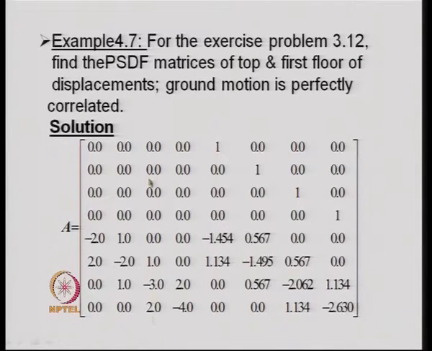So, here is the A matrix for the system, and this A matrix we have generated before while solving the same problem for deterministic ground motion.